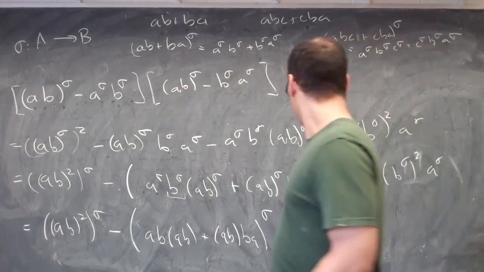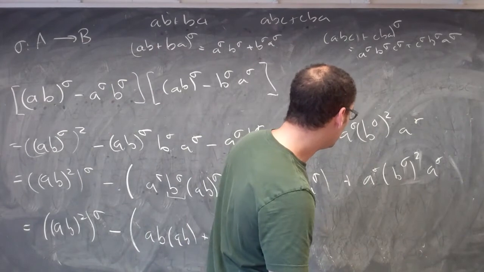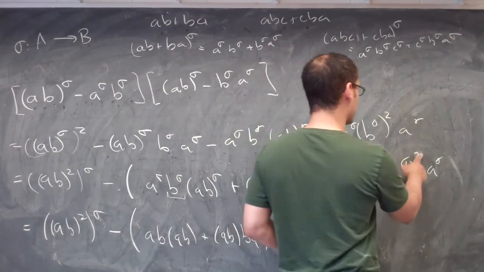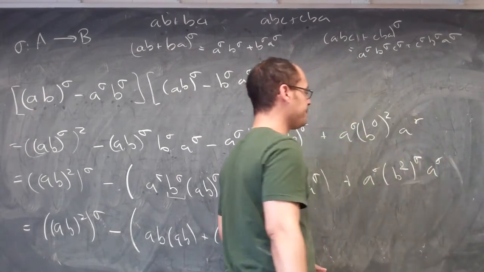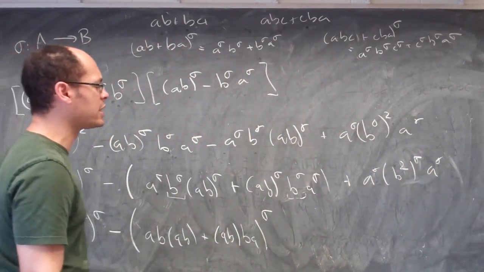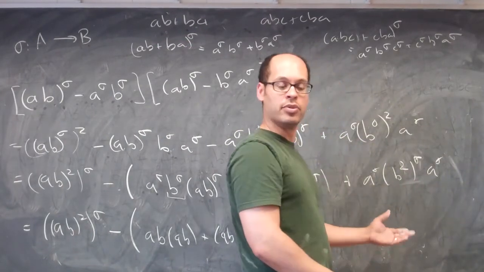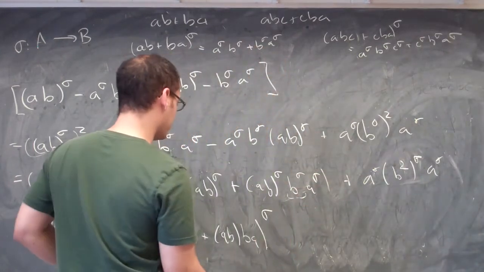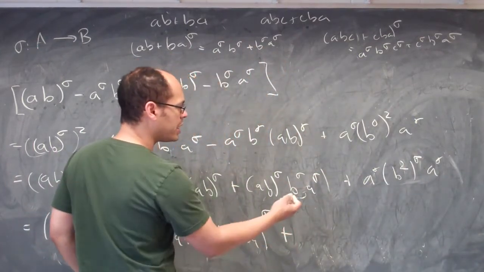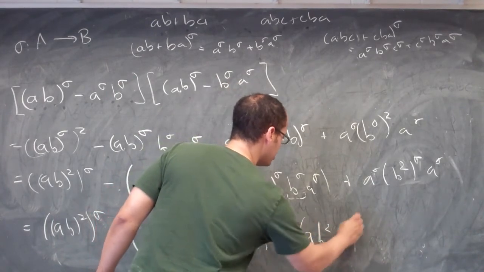And now what I have, wait, should I have done that? Oh, I should have, but I didn't do anything. I just copied the same thing twice. I'm going to move the squaring on the inside. Okay, now what I have is the ABA thing, but with the B squared instead. Sigma preserves that, so I can pull the sigma out. So that gives me an A B squared A to the sigma.